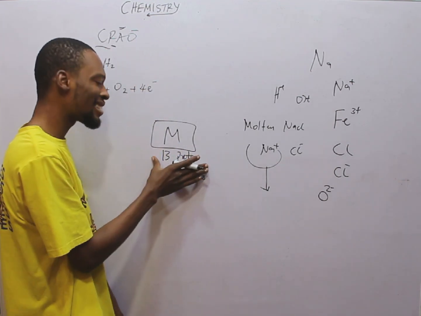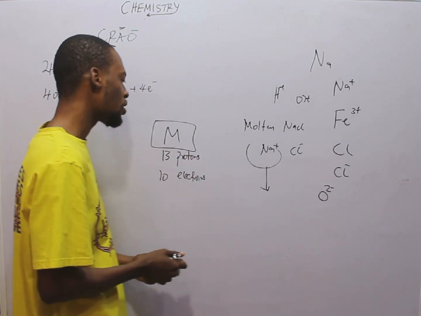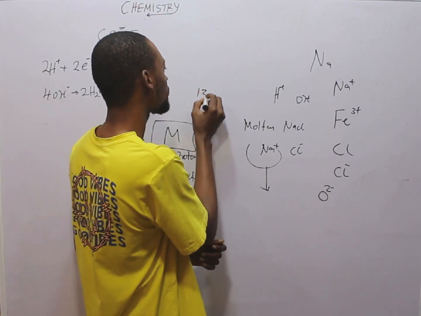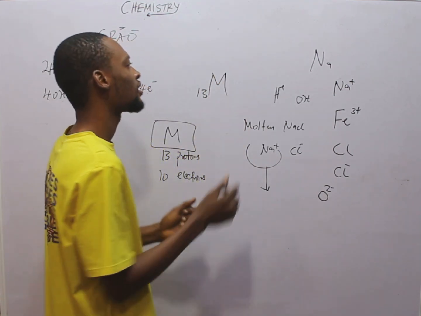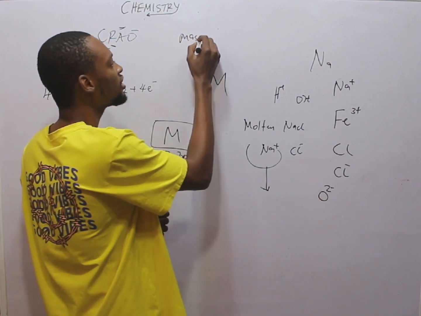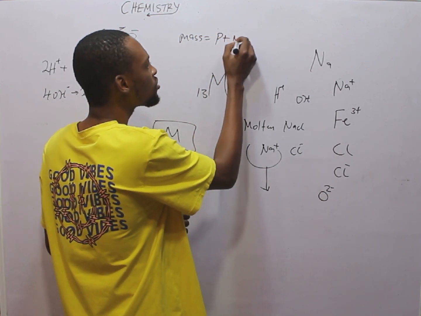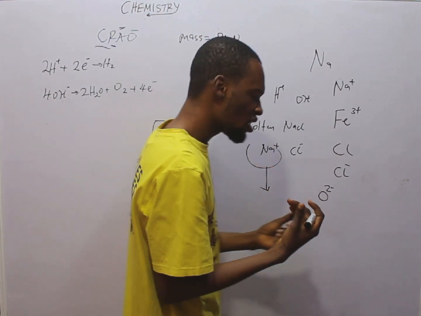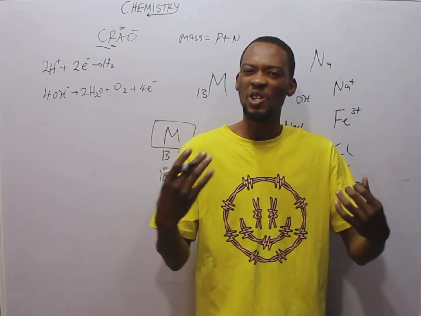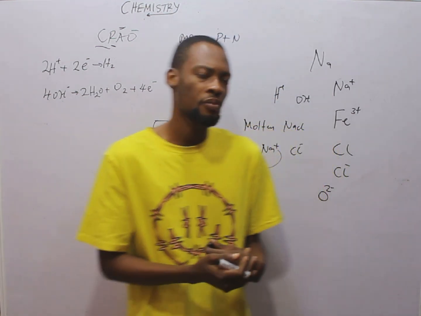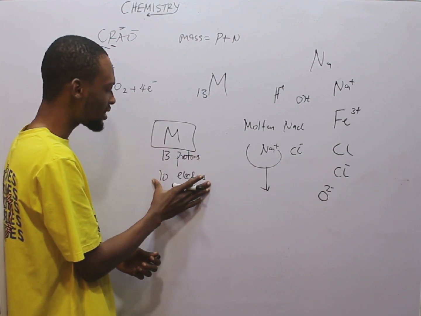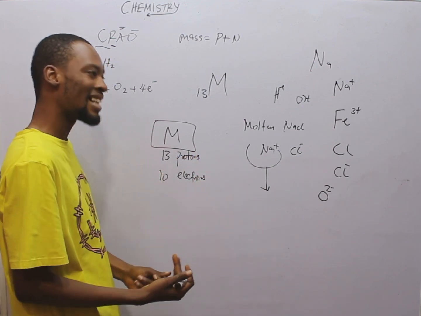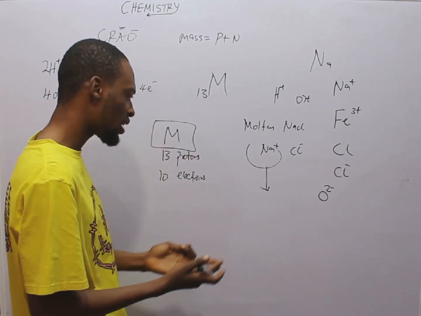It says this guy has 13 protons. What is proton? Proton is atomic number. And what is mass? Mass number is simply proton plus neutron. This is why the mass of an atom is concentrated in the nucleus. If this atom has 13 protons and 10 electrons, it's obvious that it is not a neutral atom.